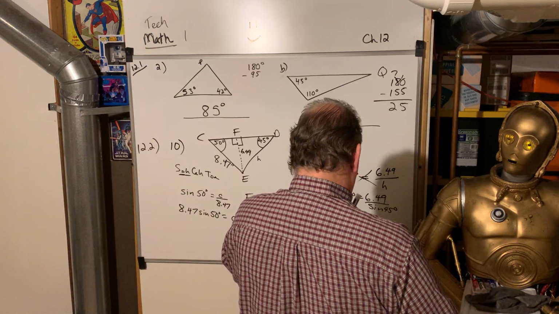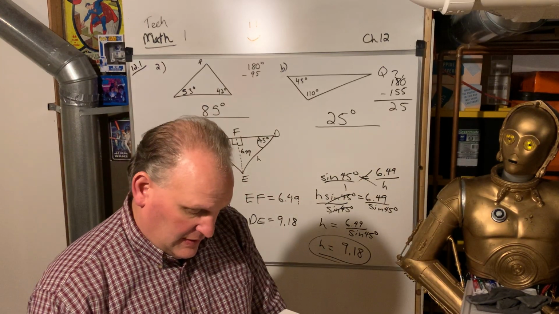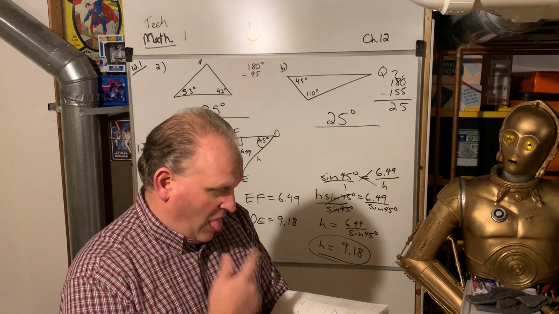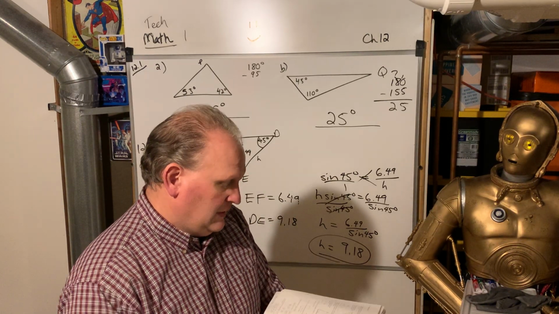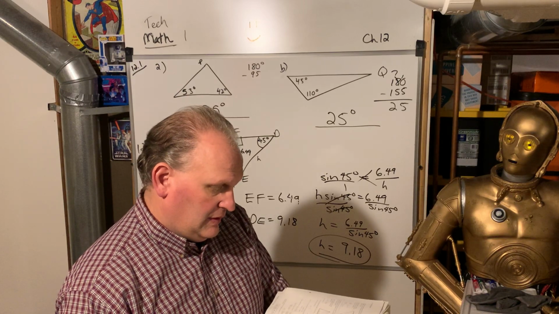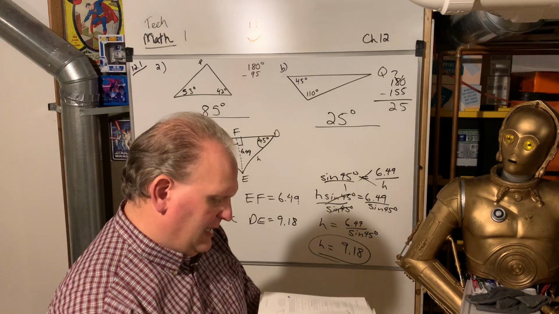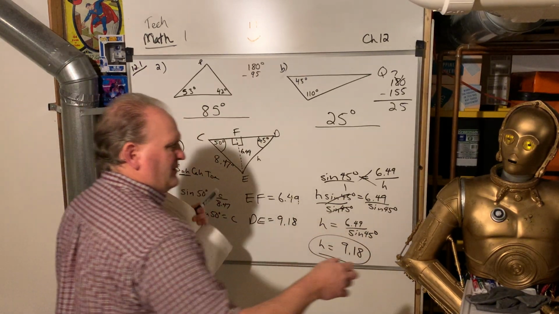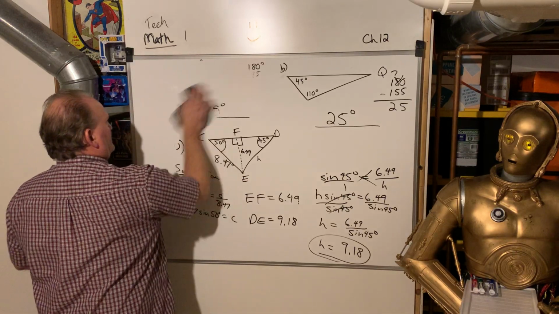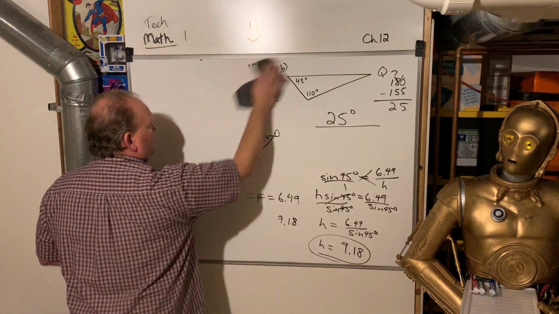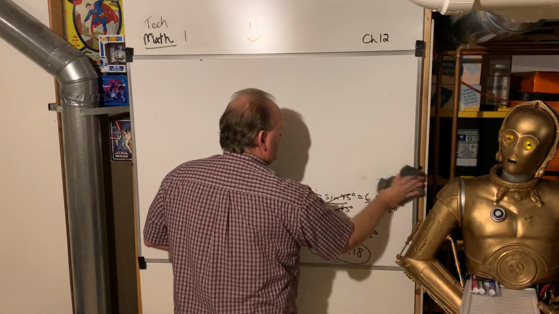That's true on any problem. So let's look at 12.3. It's not really a problem, they're just telling you the law of sines, and it doesn't matter which one's on top or which one's on bottom.